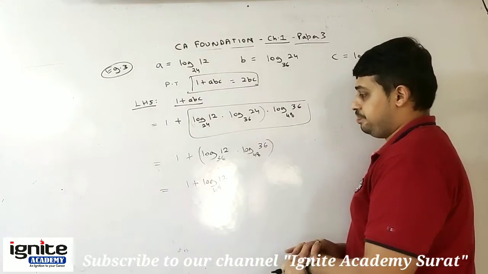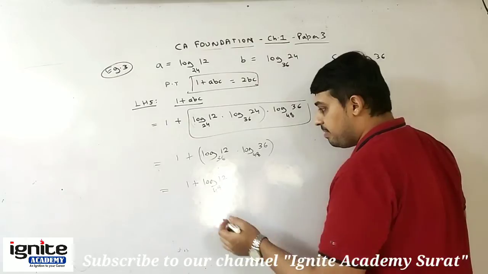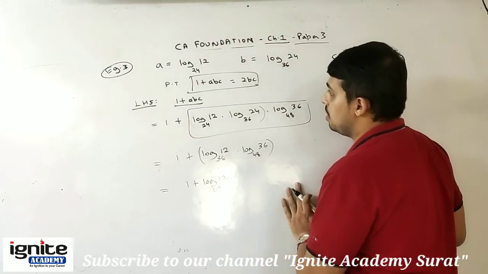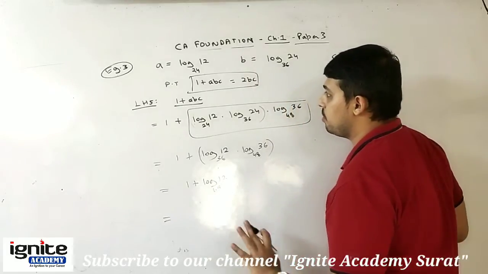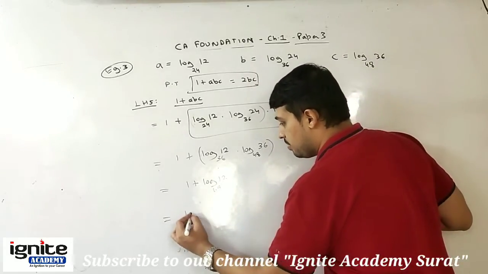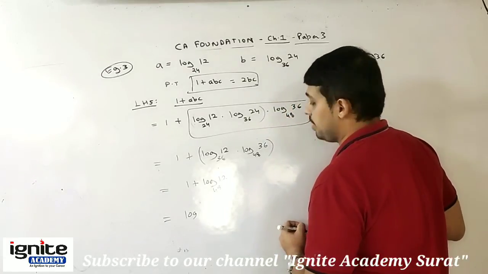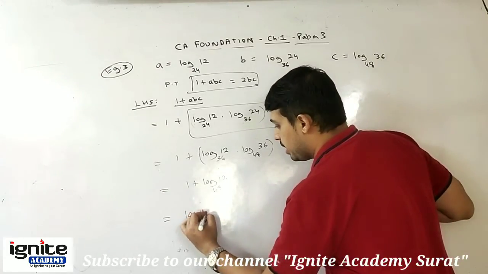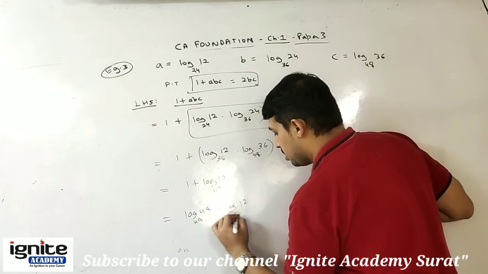And moving further, if we want to change this, I think we should try something. Let me try. Even I don't know what are the steps. I have not seen the steps. I am just trying to solve them. Okay. Let me take it as log 48 base 48.